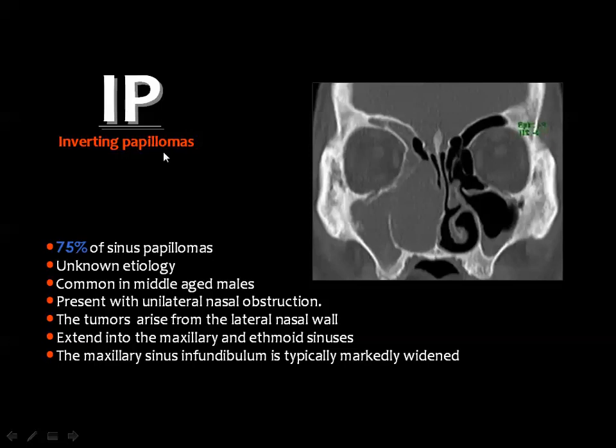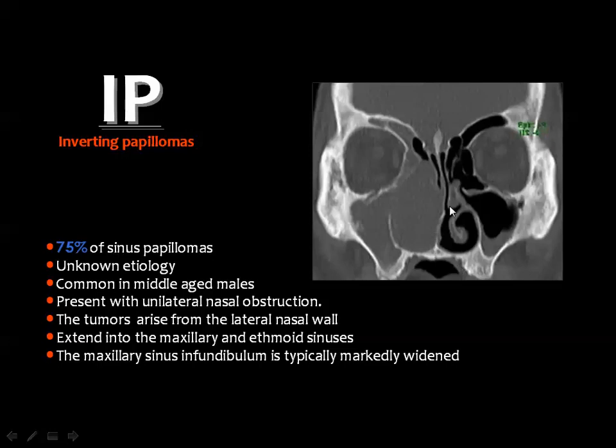And this is the inverted papilloma, which represents about 75% of papillomas in the paranasal sinuses. The etiology is unknown and it is commonly seen in middle-aged males presenting with unilateral nasal obstruction.